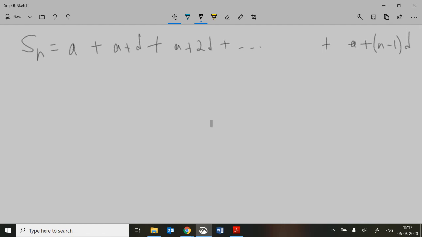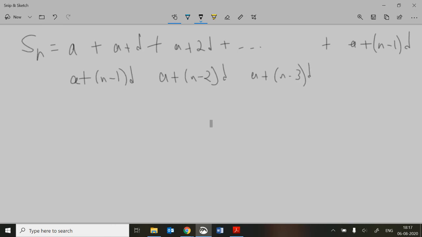Now, boiling this down to one formula is a kind of a trick. What I'm going to do is write this now backwards. This is where I realize I should have left more space. Okay, that's a, and a plus n minus 2 lots of d, and then a plus n minus 3 lots of d.